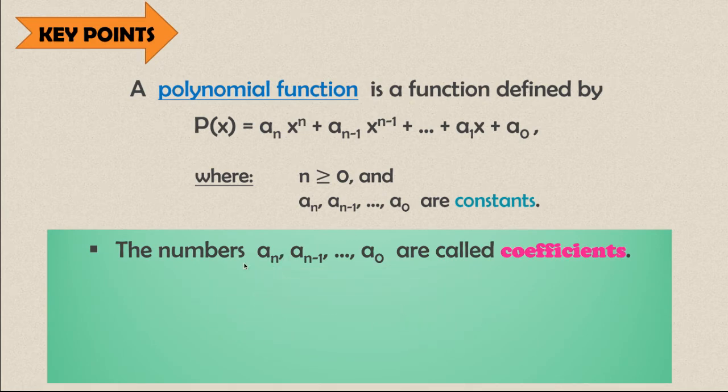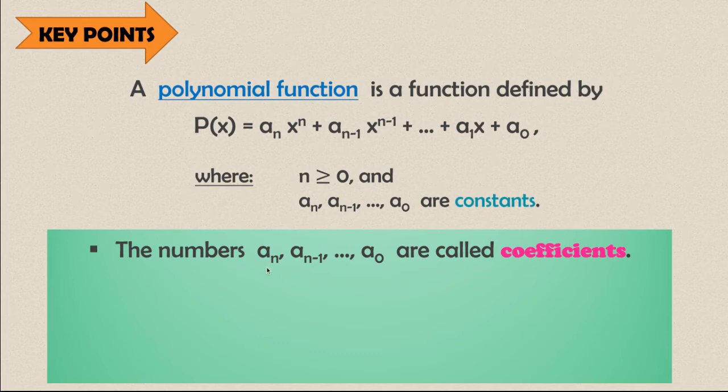Now, these numbers a sub n minus 1, and so on up to a sub 0 are called coefficients. Notice that these are found before the variable in each term of the polynomial function. So we call them the coefficients.